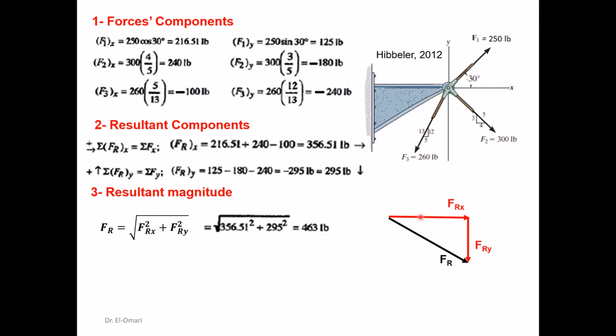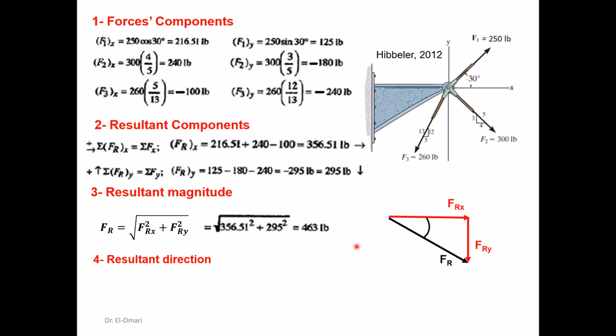And then finally, what is the direction? And here comes why we use the absolute values: you just draw the triangle with the direction. I know that this is positive and I know that this is negative, then I know this is the angle. This is the angle that you are looking for.